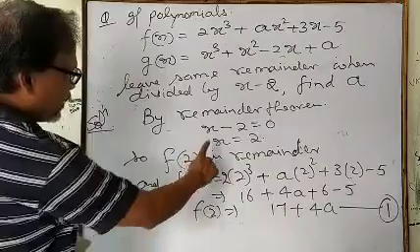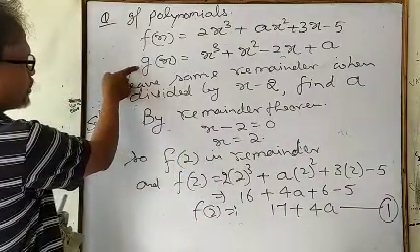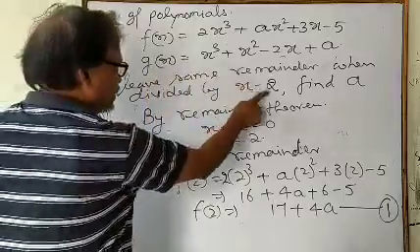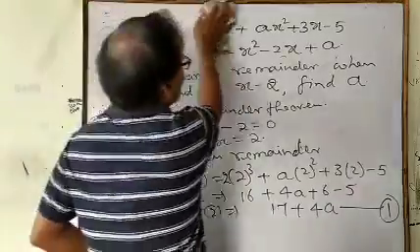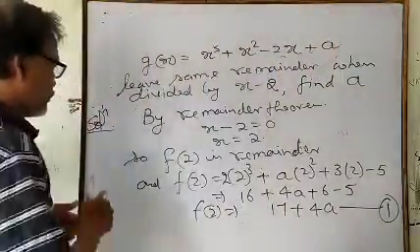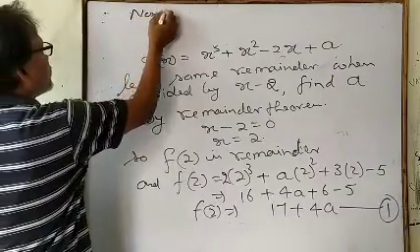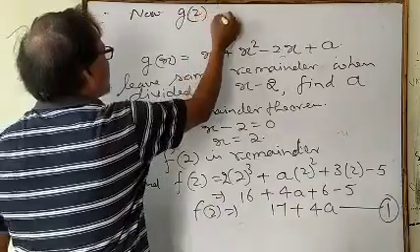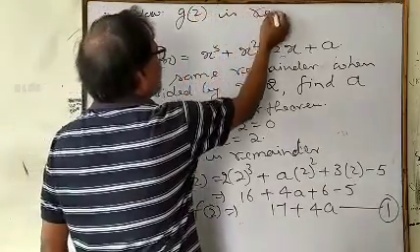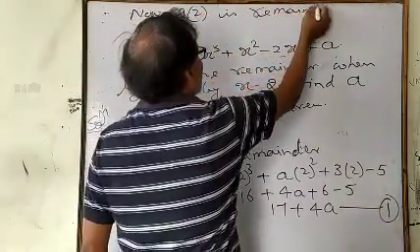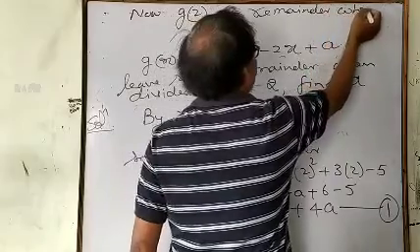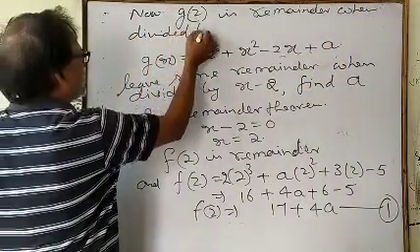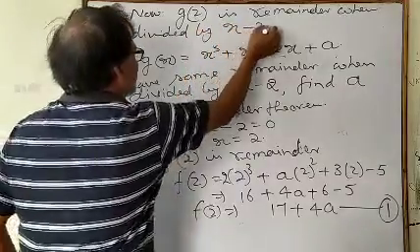Now put again x is equal to 2 in this equation g(x), because both the polynomials are divided by x minus 2. So g of 2 is the remainder when divided by x minus 2.